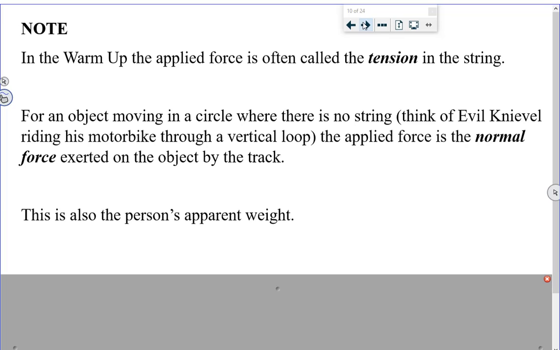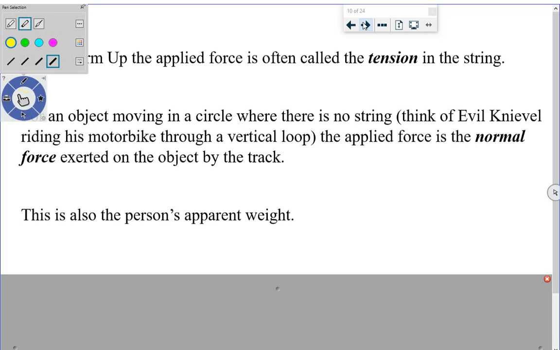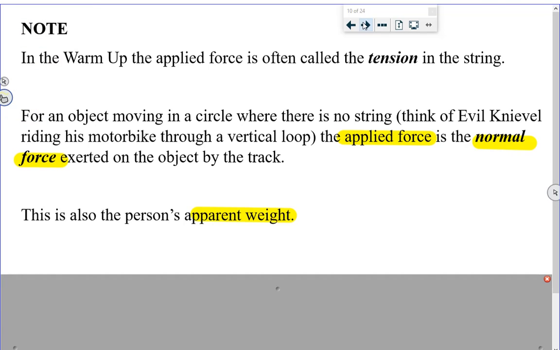So as we go through some of these questions, you might see this, you might see this, or you might see normal force. They're all applied force.